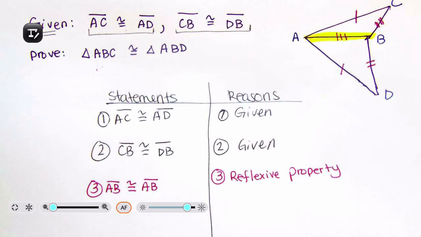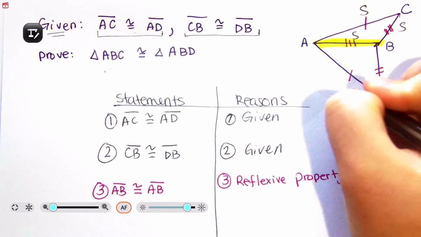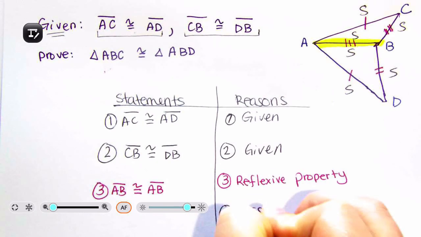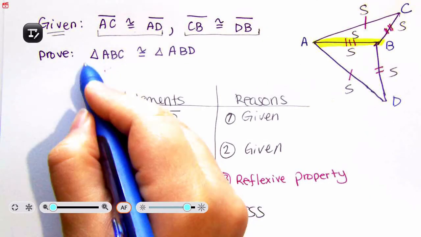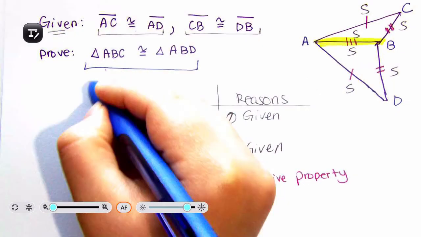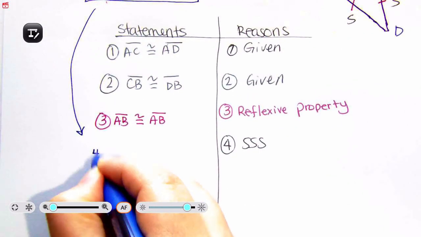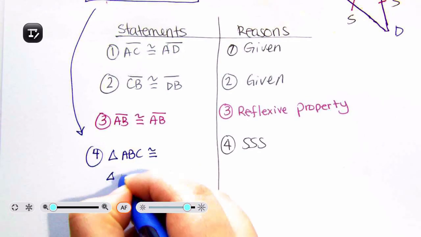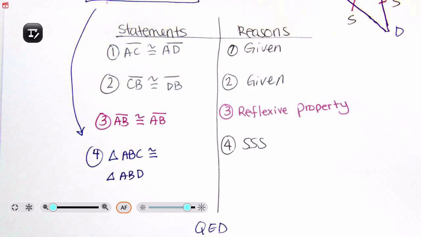So again, 3 pieces of information. I have side, side, side, side, side, side. So I know that I have side, side, side congruence of triangles. And my last statement is always going to be this here. I'm going to copy it down here. Triangle ABC is congruent to triangle ABD, QED, or little box, so you are done.